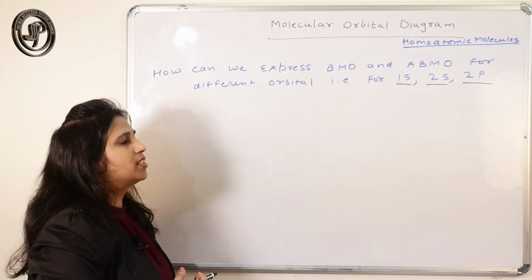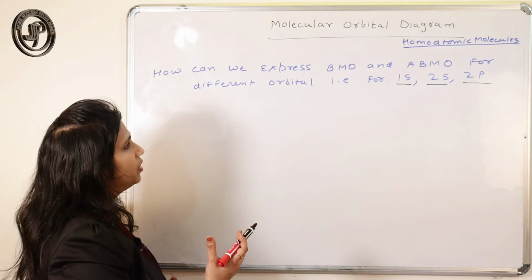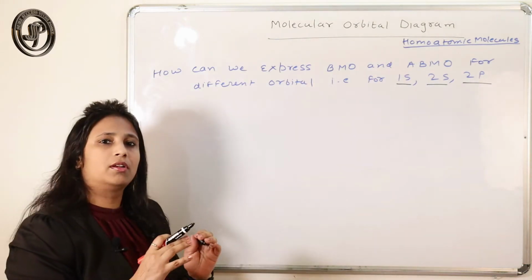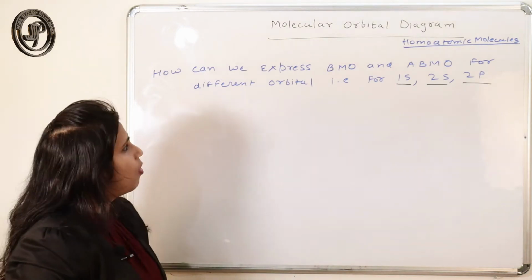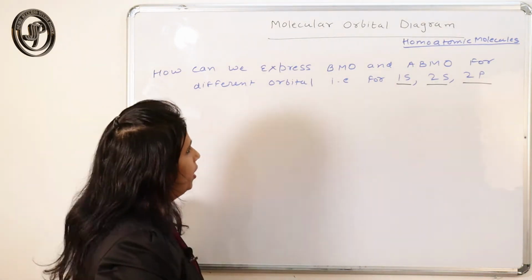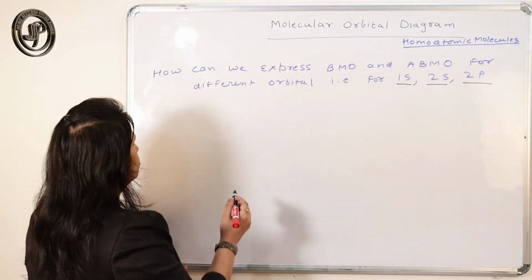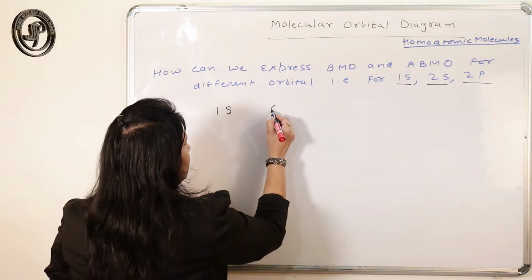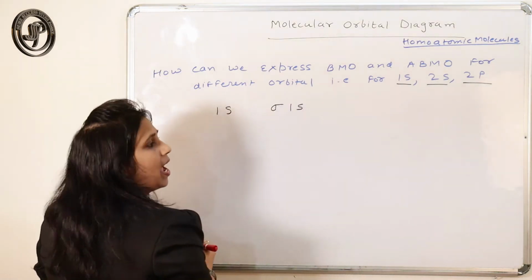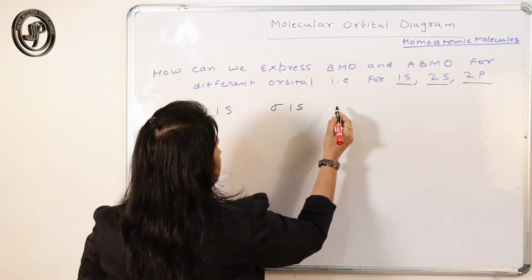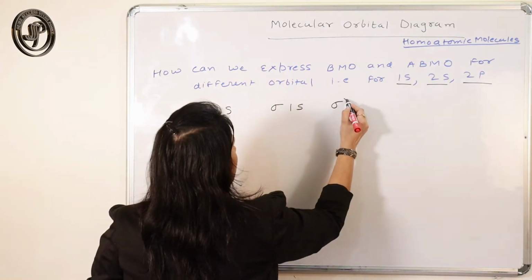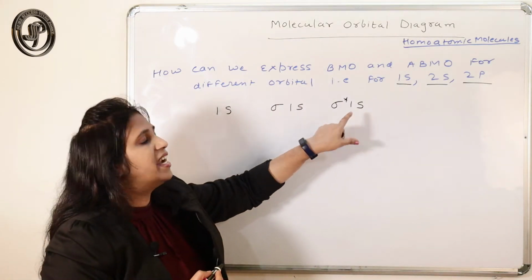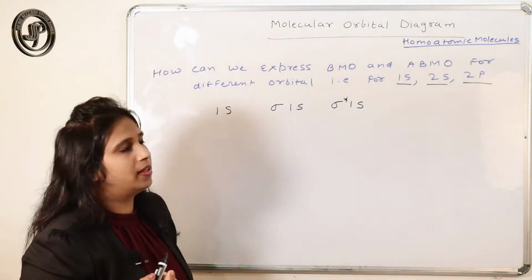For 1s it is very easy, because when two 1s orbitals combine, they only form the sigma bond. So for 1s, for bonding I can write sigma 1s, and for anti-bonding I can denote sigma star 1s, and I know that the energy of anti-bonding is greater than bonding.